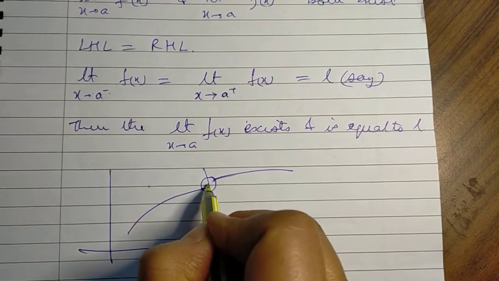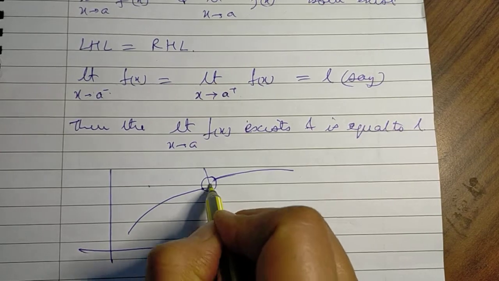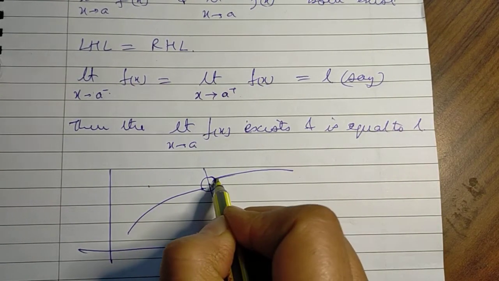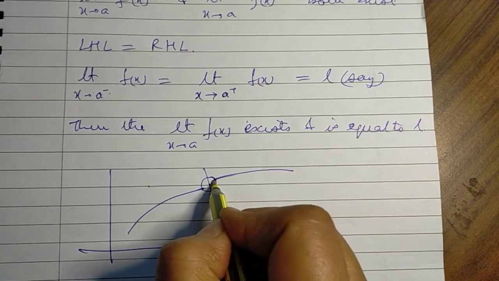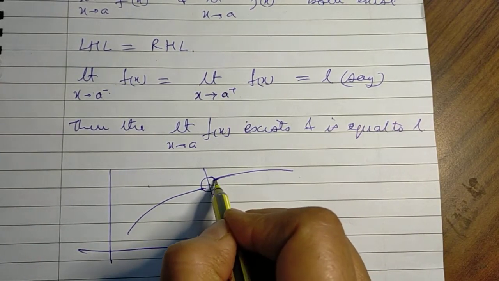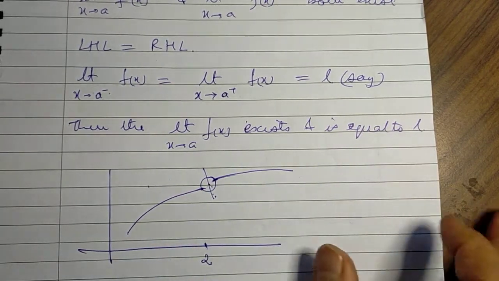So instead of finding the value at that particular point, that is at x equal to 2, we find it in the immediate neighborhood, either x approaching 2 from the right or x approaching 2 from the left.